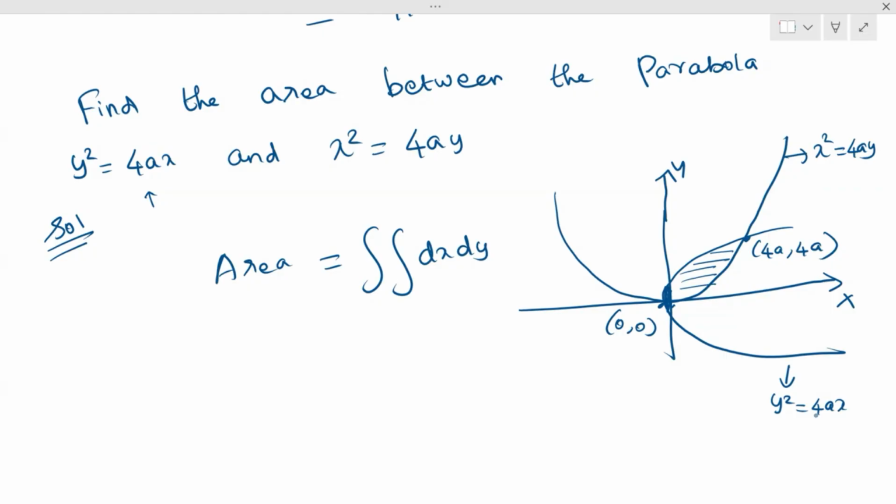If I am finding the x limit first, draw a line parallel to the x-axis in the region. Here x touches this parabola, x equal to y square by 4a.